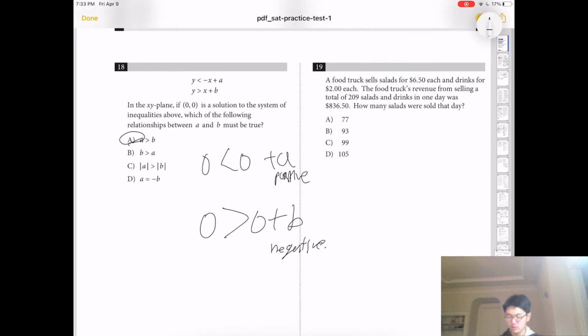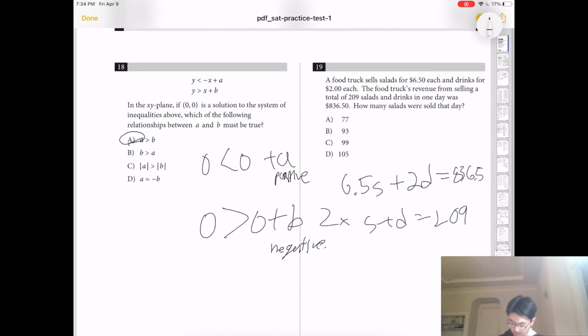Number 19, a food truck sells salads for $6.50 each and drinks for $2 each. The food truck's revenue from selling a total of 209 salads and drinks in one day was $836.50. How many salads were sold that day? Alright, 6.5S plus 2D equals 836.5, and S plus D is 209. So if we multiply this whole thing by 2, we get 2S plus 2D equals 418.